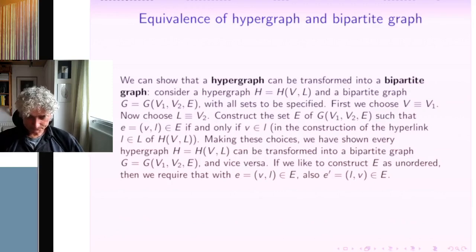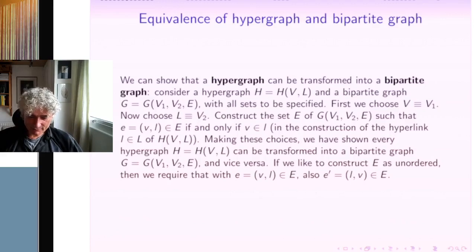Well, consider first the hypergraph H, capital H, and then consider a bipartite graph G with all sets to be specified. So first we choose V to be equal to V1.